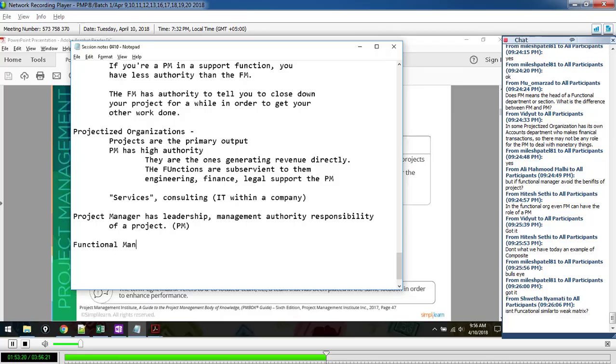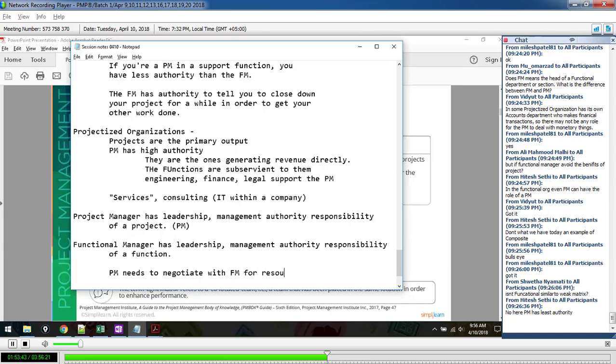Functional manager has leadership, management, authority, and responsibility of a function. And we're going to learn later, project manager needs to negotiate with the functional manager for resources.